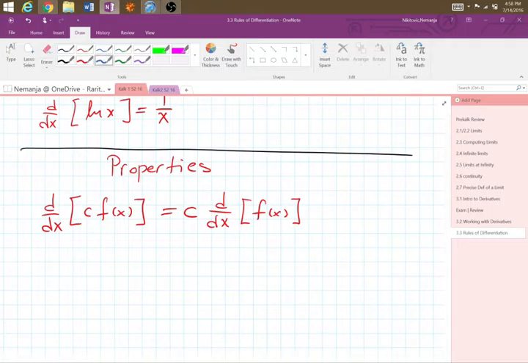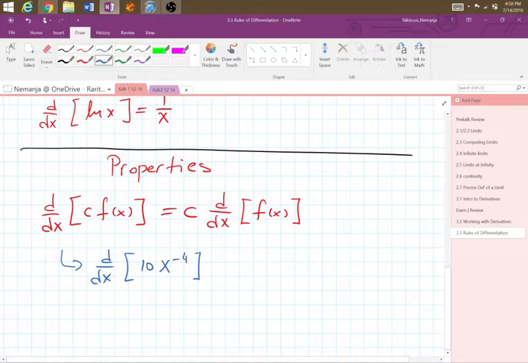Immediately an example for this. Let's say you have the derivative of 10 times x to the minus 4. Well, this is the same as 10 times the derivative of x to the minus 4. Use the power rule for differentiation to deal with that function part, and we just copy the 10.